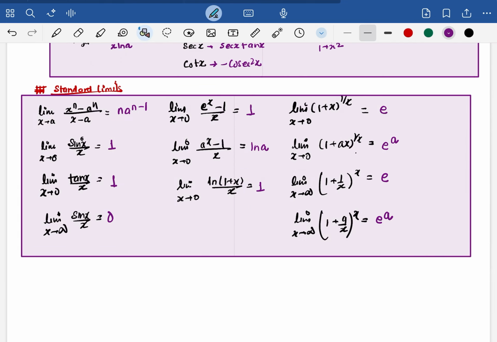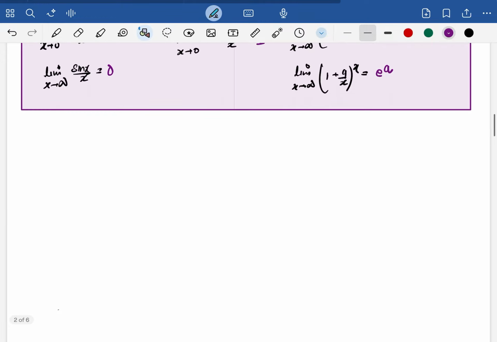So first let's discuss what an indeterminate form is, and there will be 4 types of indeterminate forms in your syllabus. What are indeterminate forms? For example, 0 upon 0 is a type of indeterminate form, and infinity upon infinity is a type of indeterminate form.